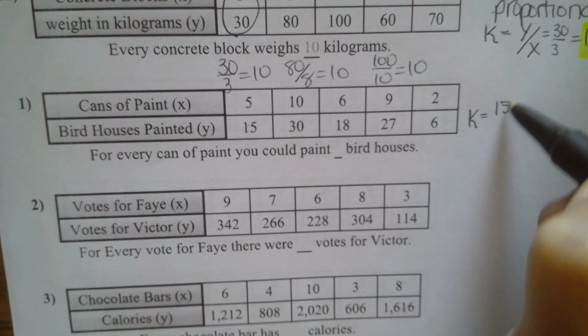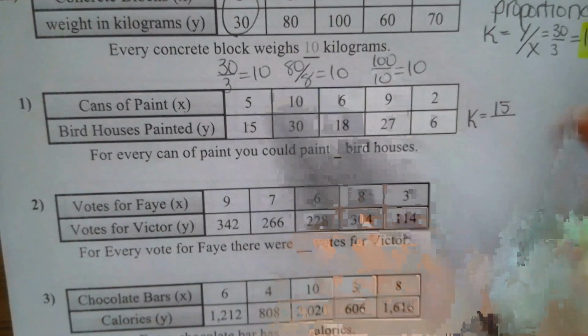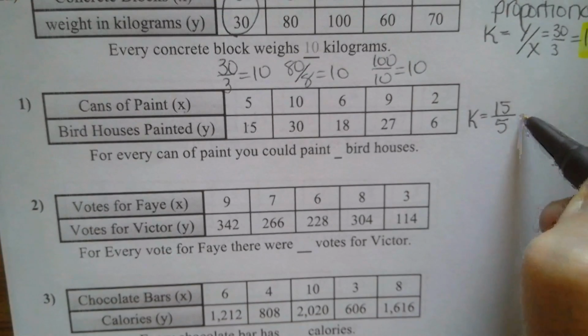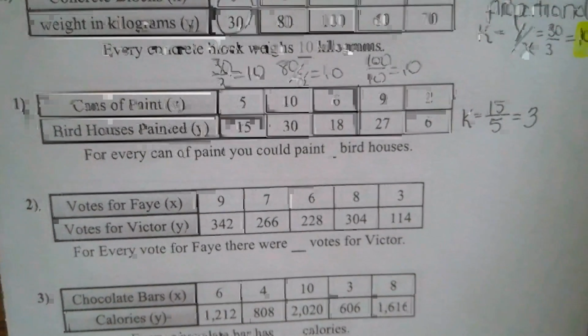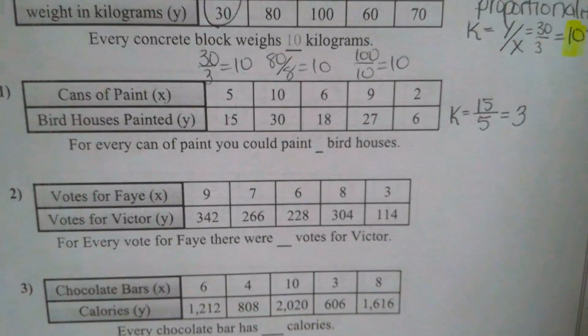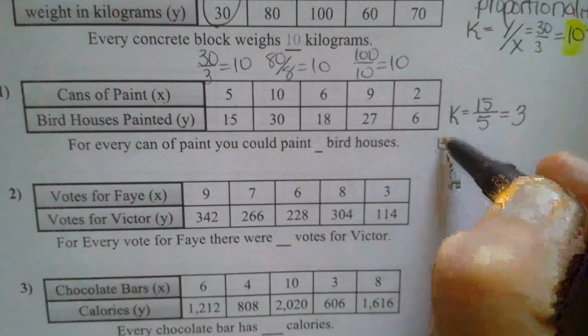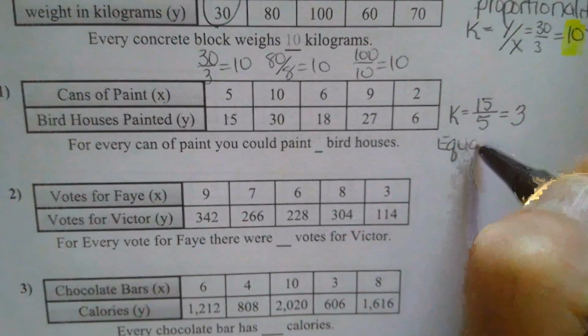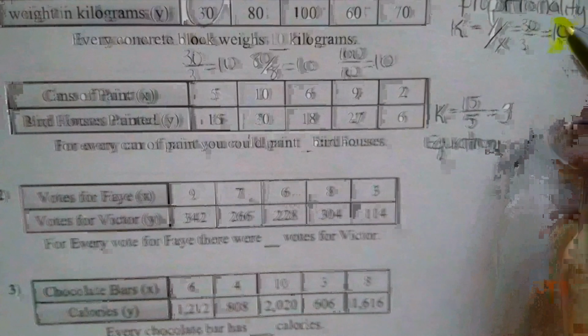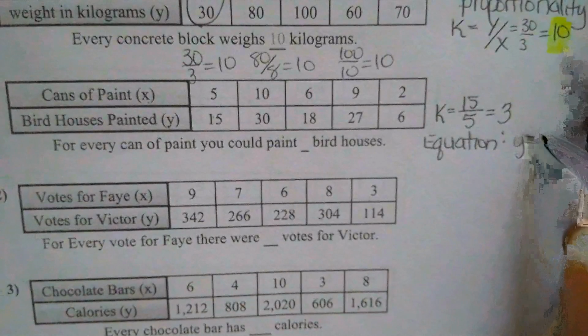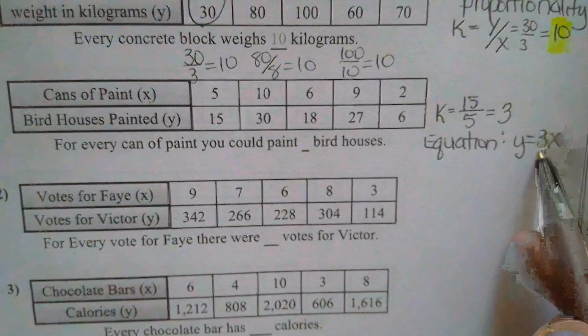So let's try another one. Okay, y is 15 divided by x is 5. So that gives me a proportionality constant of 3, and the equation is y equals 3x, and this equation represents this table.